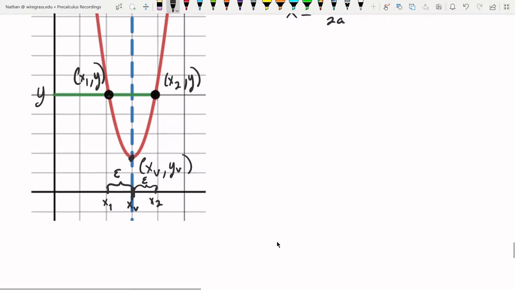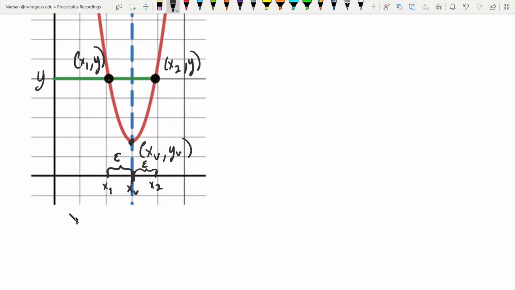And I can use this to define x1 as the x coordinate of the vertex, if I subtract that epsilon distance, epsilon is just the Greek letter, I get x1. Then if I take the x coordinate of the vertex and I add epsilon onto it, that's what gives me x2.